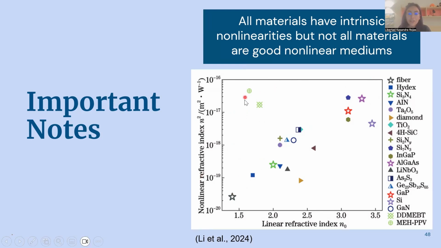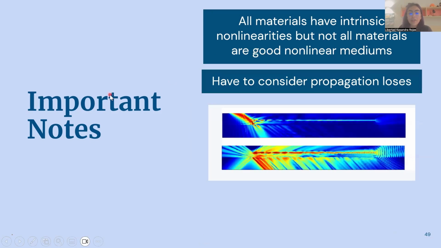There are a few materials that are not going to obey this rule, such as these two, which are nonlinear synthesized polymers. But in general, you're going to have this relationship. Okay, so just keep in mind that although you can get nonlinearities in theory from all materials, you will not get really good nonlinearities from almost all of them. If that makes sense.